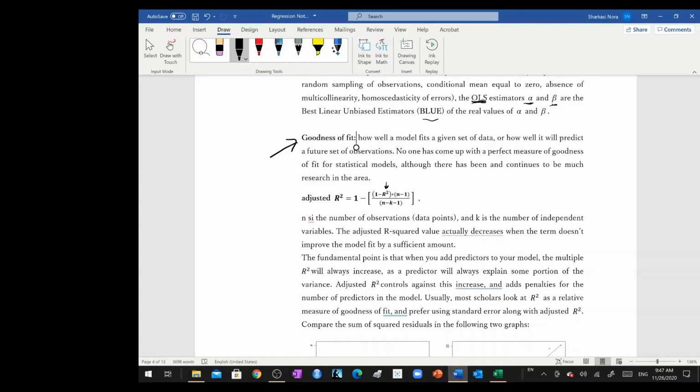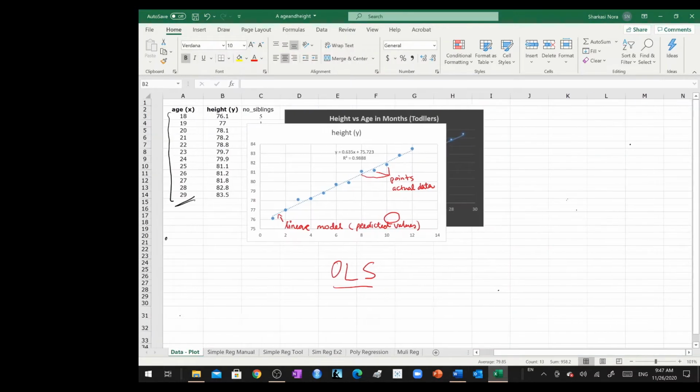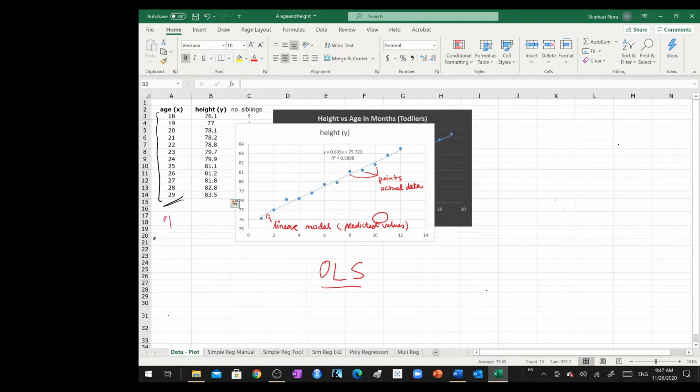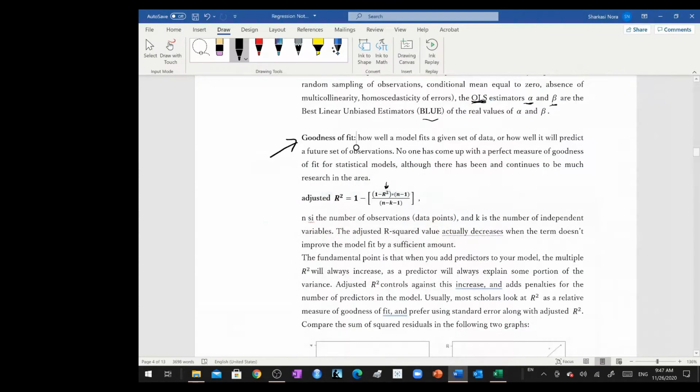I need to note that for multiple regression analysis, when we have more than one variable to predict the height, for example, we have age, we might also have nutrition, or maybe a certain medication for certain toddlers, and see if it affects their height positively or negatively, and so forth. So there are multiple x's here, multiple variables on the x-axis. We have x1, x2, x3, and so forth.